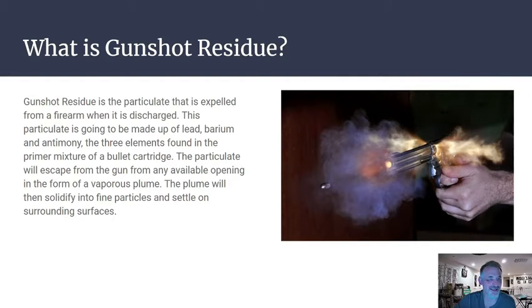This particulate will escape the gun from any available opening, and then the vaporous plume will solidify into fine particles and settle on surrounding surfaces. This could also be important at real close range. Sometimes you'll have powder burns and some gunshot powder or residue on the victim if they're close.